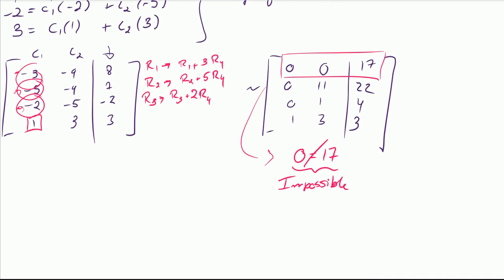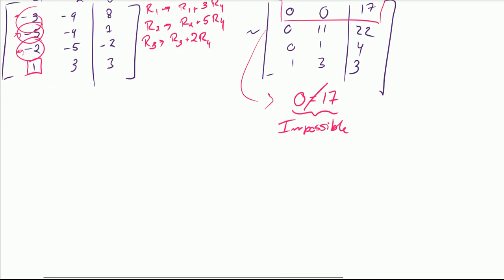It gives me an impossibility, which means, as you know, that my system is inconsistent. That means that it has a contradiction, or something that can't happen. In this case, 0 equaling a non-zero number.